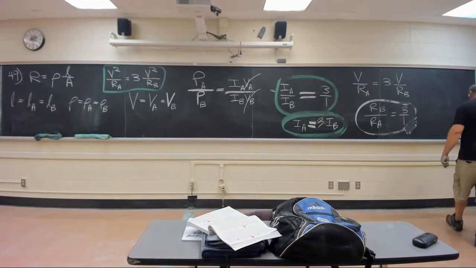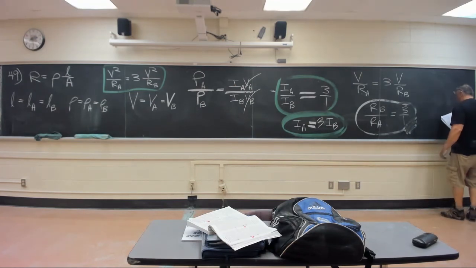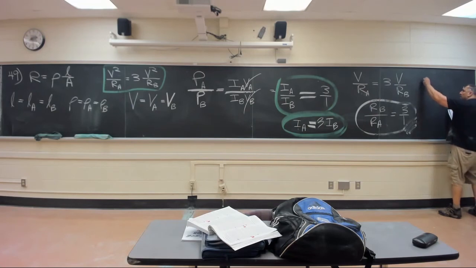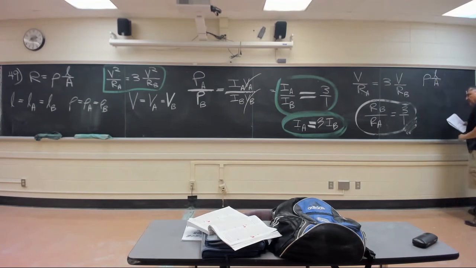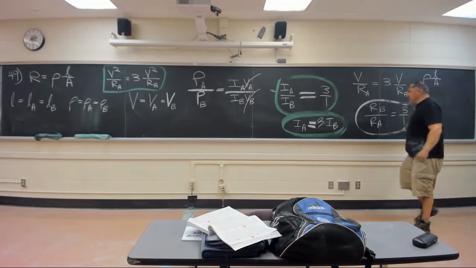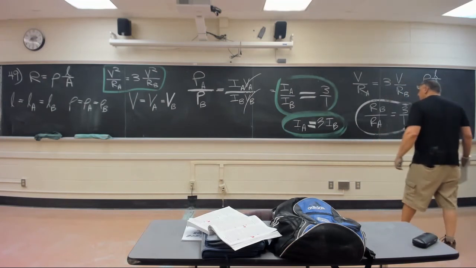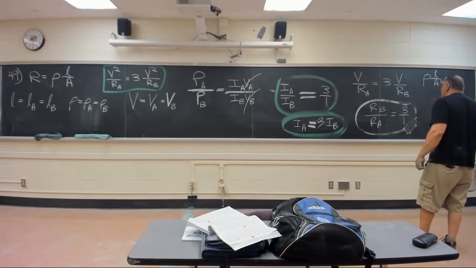What does that mean? Well, it means there is a rho L over A sub B. This is rather fascinating stuff, actually. Yeah, and it works.